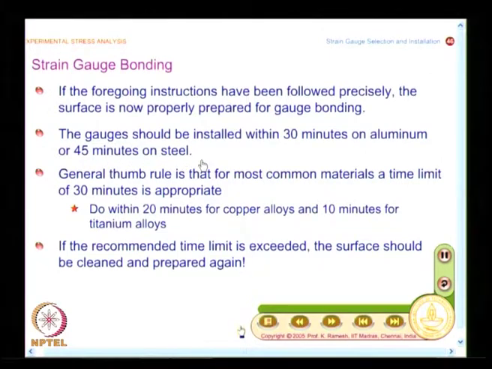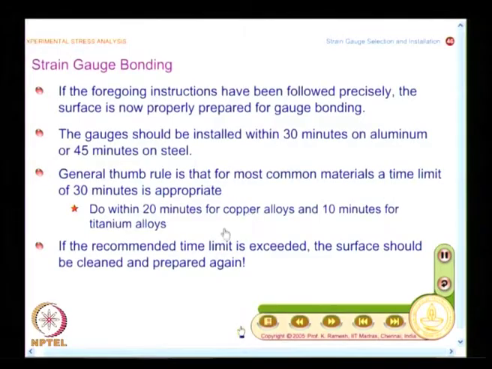The general thumb rule is to try to do it within half an hour. But you will have a general instruction as well as special rules. If you go for copper alloys, you should do it within 20 minutes. On the other hand, if you go for titanium alloys, you should do it within 10 minutes.